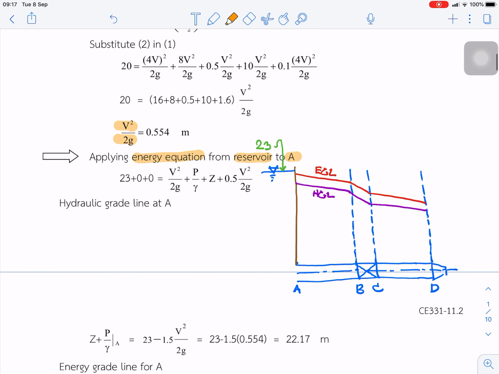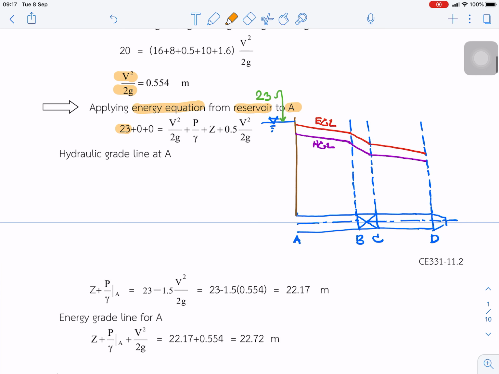The right hand side is the energy at the reservoir, and we can write the hydraulic grade line for point A as equal to the head minus the loss. The loss is about 22.17, so we can plot and write the number here, 22.17, somewhere here.